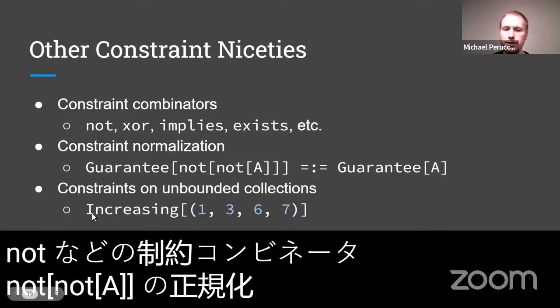So maybe we want to have a constraint of numbers being increasing, and this works, and it goes past the limit of 22 that tuples used to have, like in Scala 2, because Scala 3 now has unbounded tuples, and we can still get the values out of those tuples at each position.